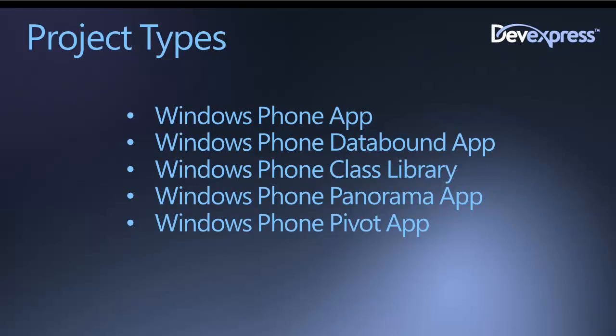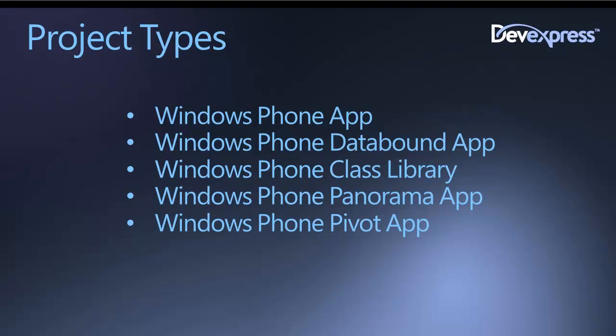Some of the other application types, or project types rather, of course you have the Windows Phone app, which is pretty much your bare bones starting point. If you want to develop a Silverlight for Windows Phone app and you don't necessarily want to do a panorama control or pivot control, or maybe you've got some ideas about where you want to go, but you just want a clean slate starting point, then you would use the Windows Phone app project type.